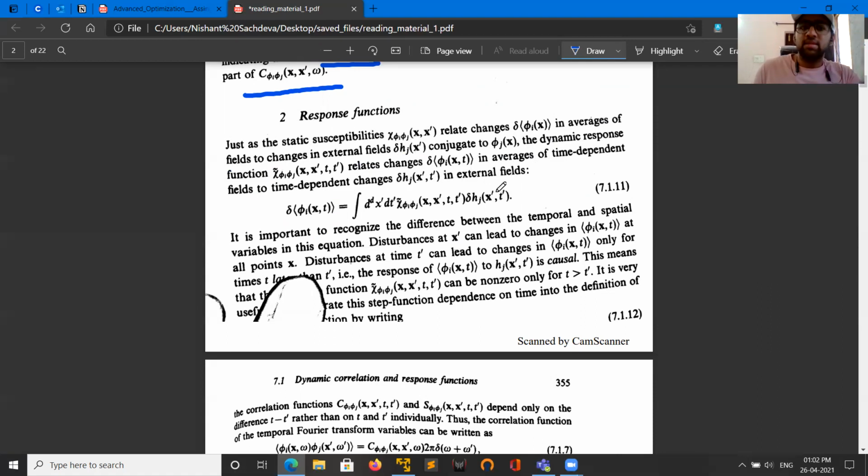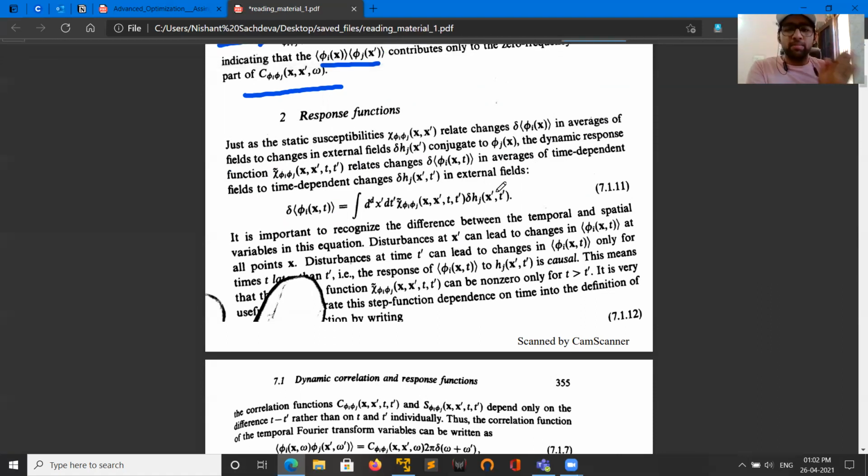What's happening here is that there is something called static susceptibility. It relates changes in the averages of fields to changes in the external fields which are conjugate to phi j of x.